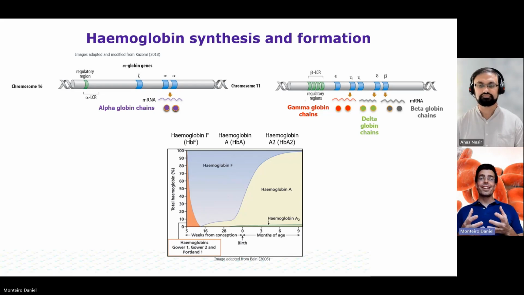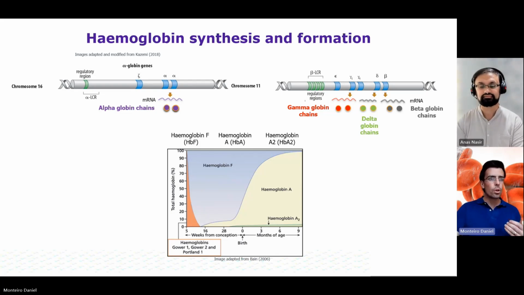But before the haemoglobin is actually produced, you need to produce the puzzle pieces required to build it. So to build the main haemoglobin fraction, the majority of what we have, you need alpha chains and beta chains. Those are quite easy to remember where they are produced in the genes, because they're also called alpha genes and beta genes. So it makes it much easier to understand.